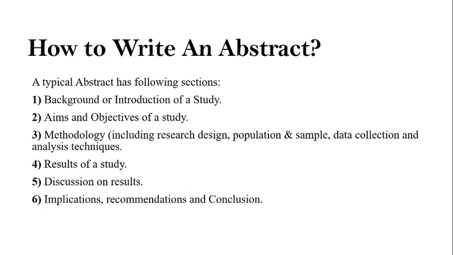The methodology must include the research design, the population and sample, the data collection, and analysis techniques. And then one line about the results of the study, and then the discussion on those results. In the end, there should be implications, recommendations, and conclusion.